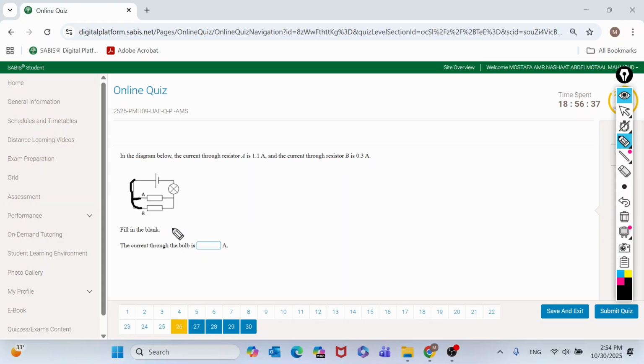It splits up into 1.1 plus 0.3. So then it would come back together to go to the battery. So that's going to equal 1.4. Current splits up, but when it comes back, it's the same. They split up and then came back together. So it's going to be 1.4.